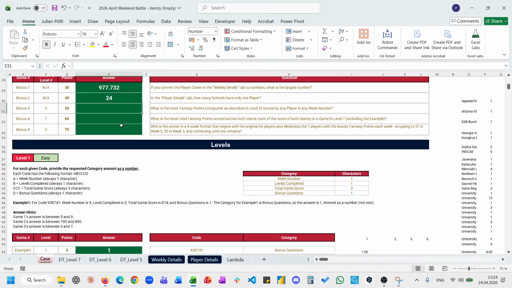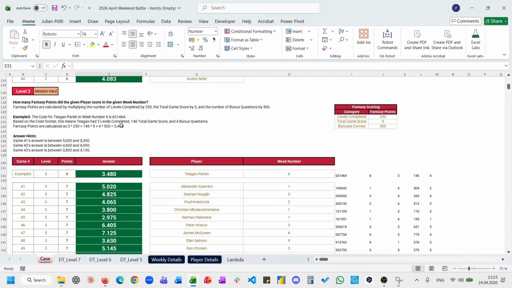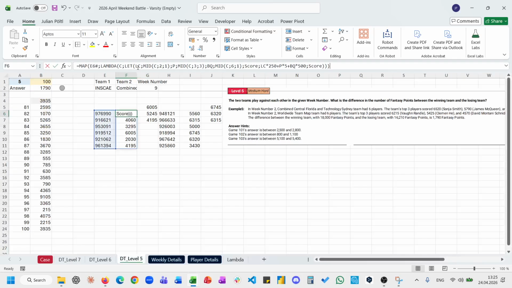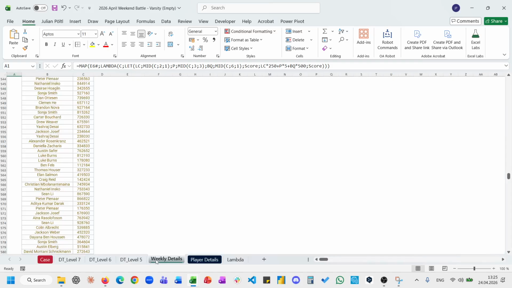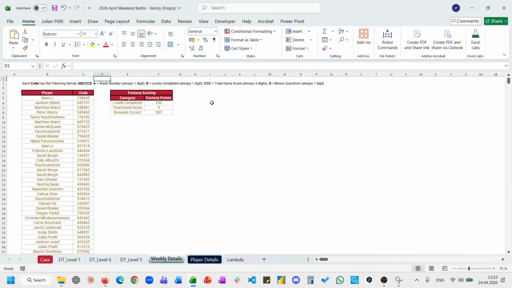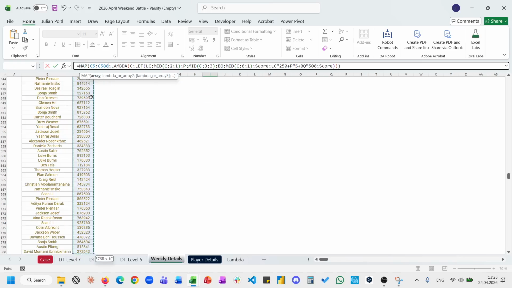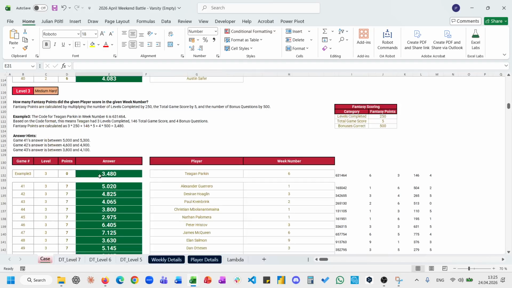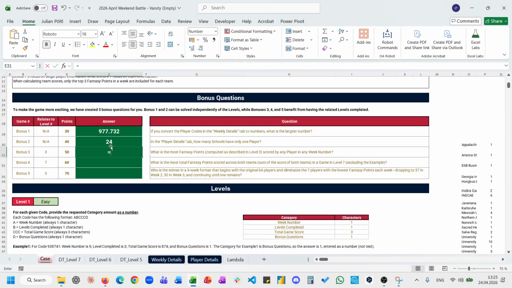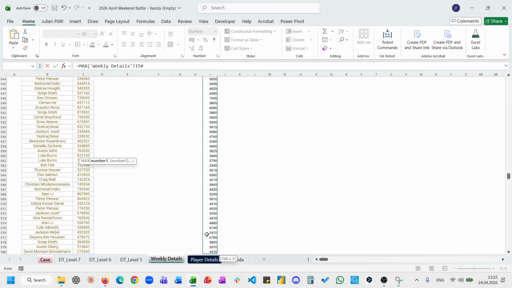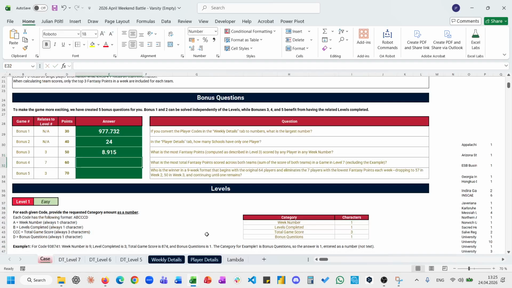What is the most fantasy points scored by any player in any given week? So let's take my Lambda and put it here, and then map it here and use XLOOKUP to return the points.